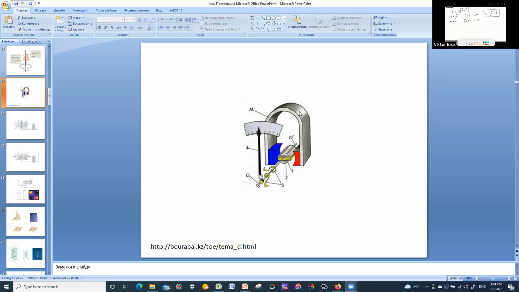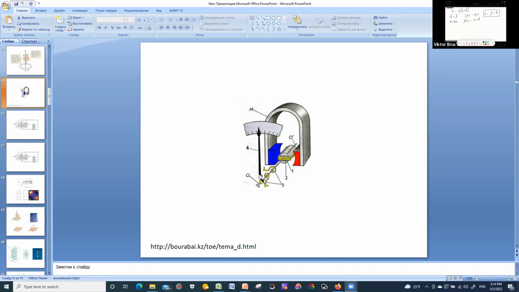So how does it work? We have some axis, like a shaft, attached to the current coil. So here, this rectangle is our current coil.